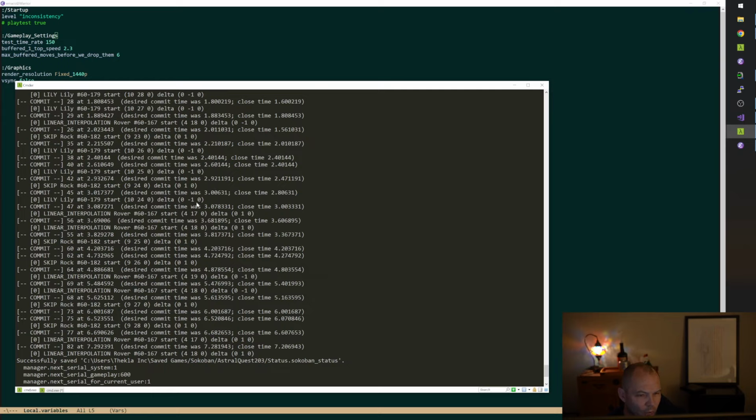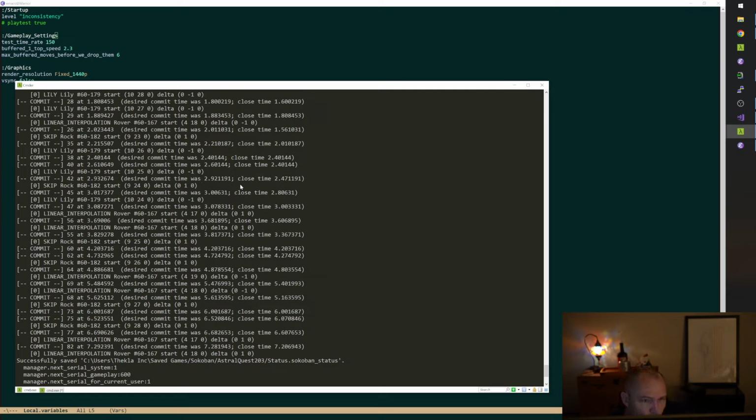So we've got a rock. I just don't know when this one completes. I could estimate. Probably 2.82.